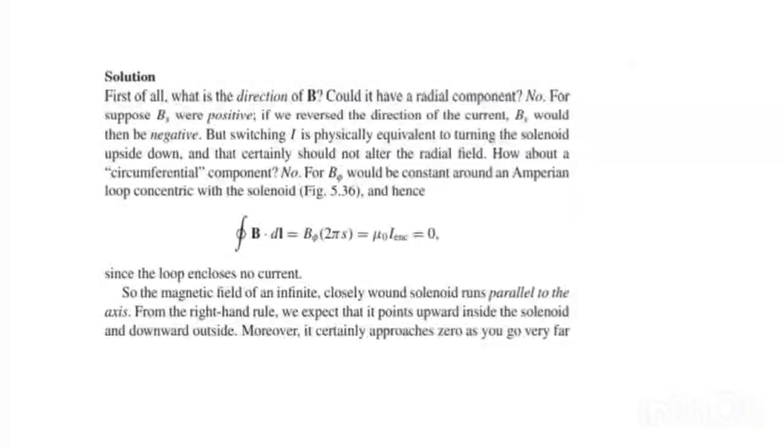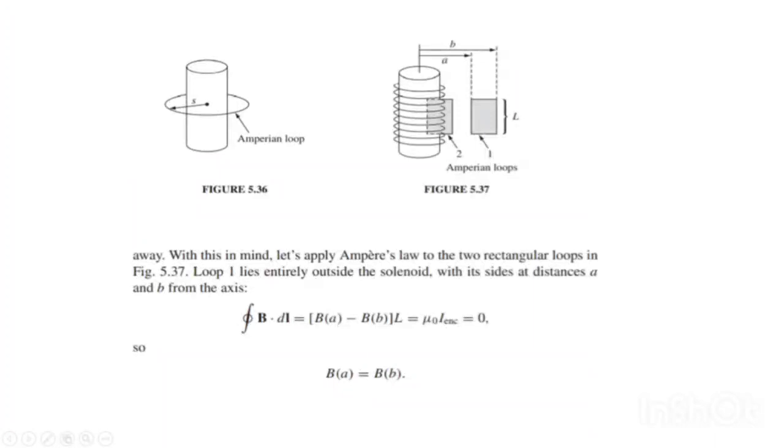This shows that the loop encloses no current. Since the magnetic field of an infinite closely wound solenoid runs parallel to the axis, from the right hand rule, we expect that it points upward inside the solenoid and downward outside. Moreover, it certainly approaches zero as we go very far away.